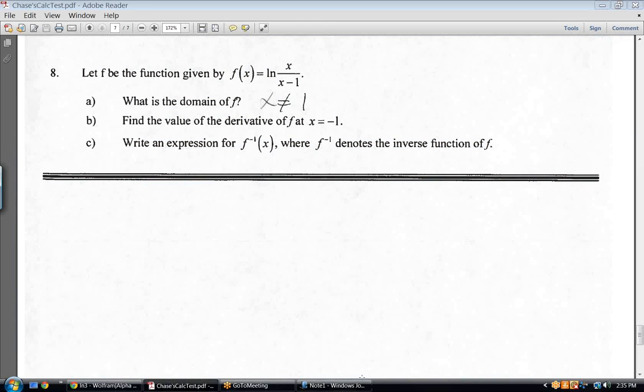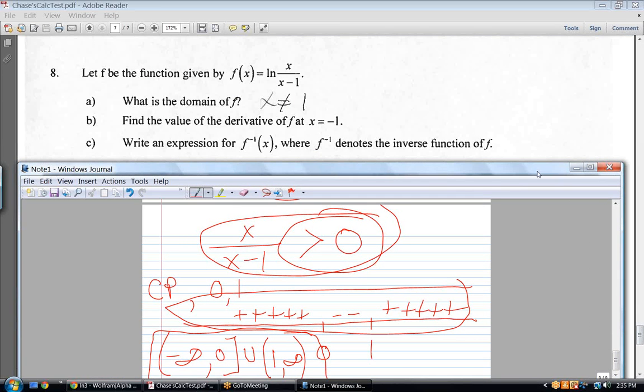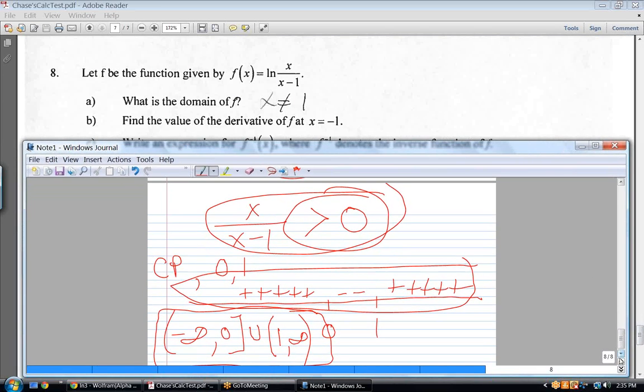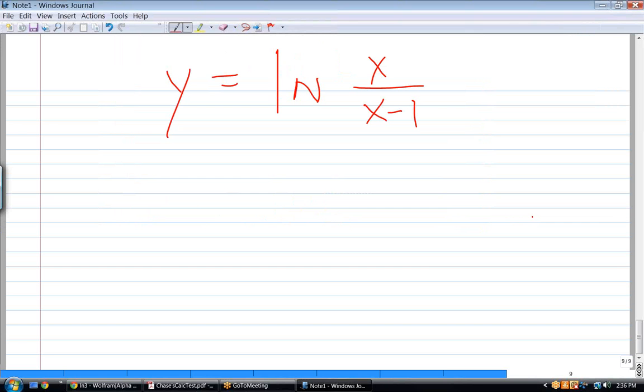C is the one that's a little tricky. What's the normal way we find inverses? If I gave you a standard polynomial function, how would you find the inverse?